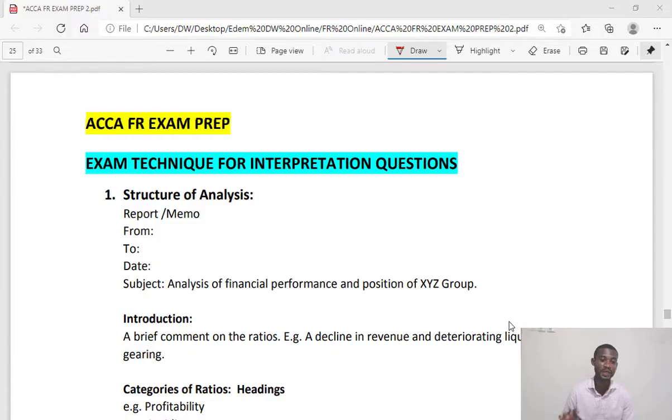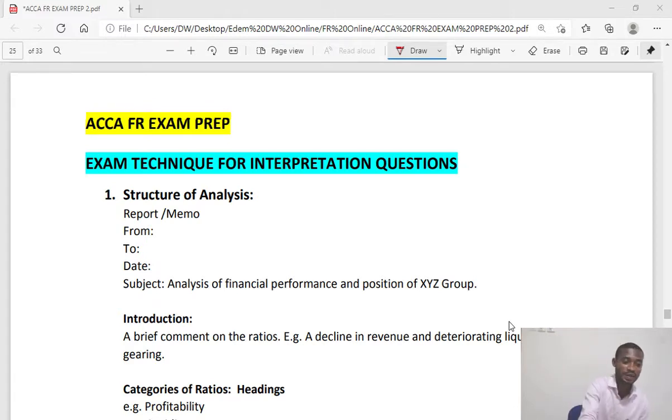Now, you need to look at the structure of the analysis. In terms of structure, some requirements can ask for a certain document, be it a report or a memo. You will often find a report as part of the requirement. If it is a report, then you need a report structure. So your report should have a heading.